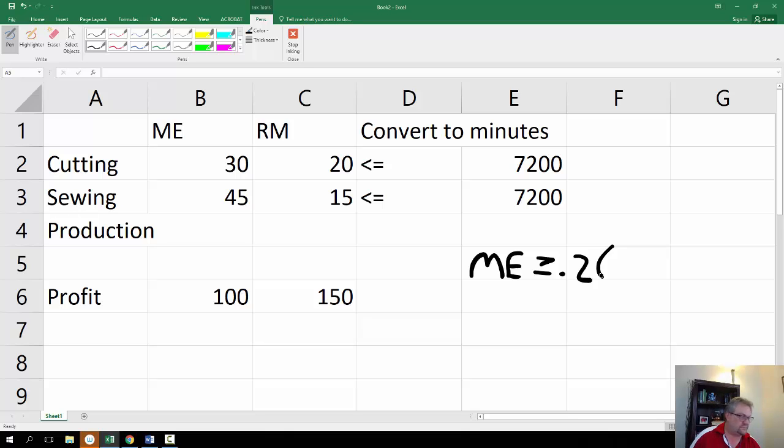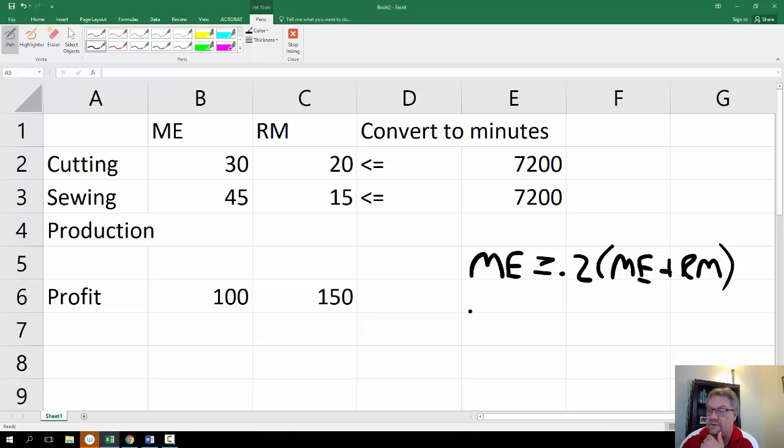So what's my total production? This is the key. My total production is Mount Everest plus Rocky Mountain. I hope that makes sense to everybody. That's how I would interpret this constraint: must be at least 20%. So my total production is ME plus RM.